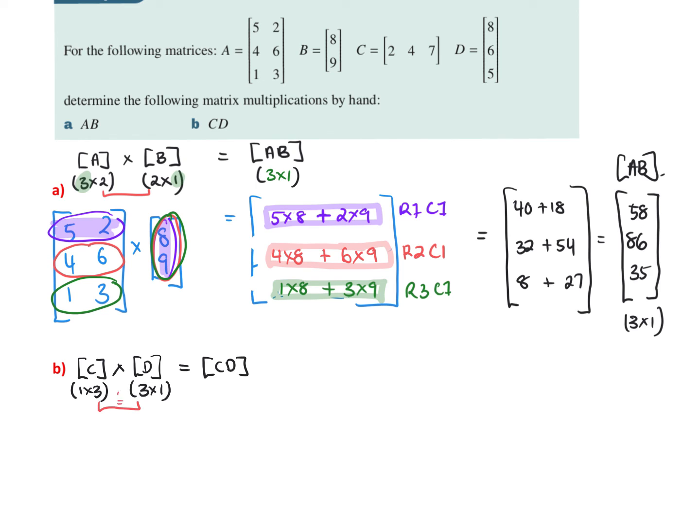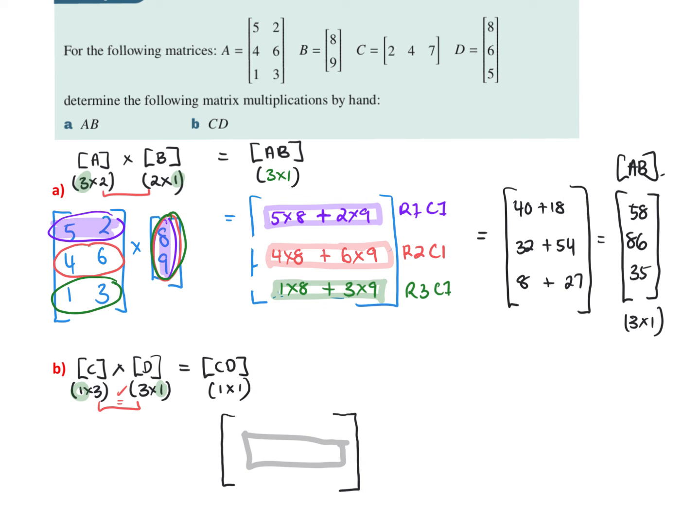It is, yes. And what will our answer be? It'll be a 1 by 1, good. So we're going to end up with a 1 by 1 answer. So what we're going to do is draw that out so you're aware what we're going to get. It'll be just one element in here.